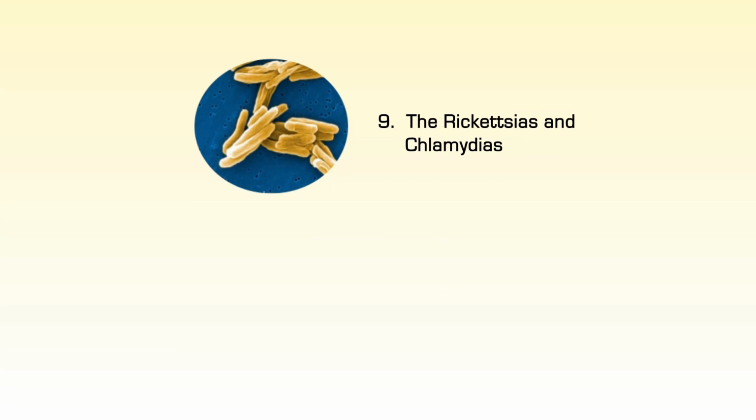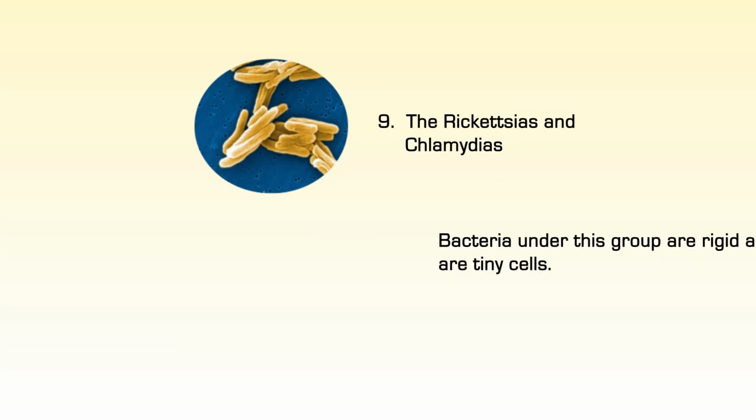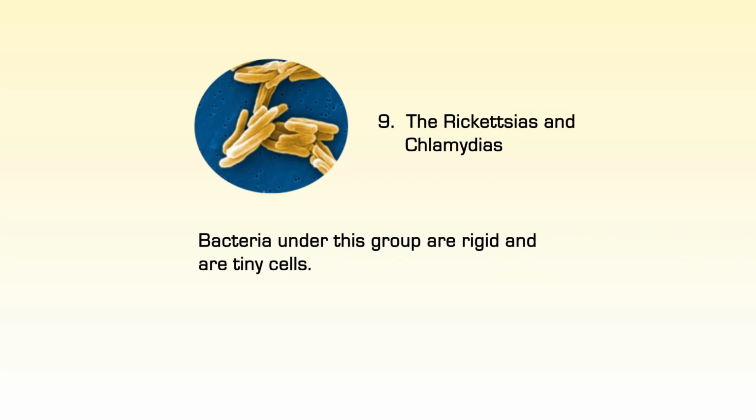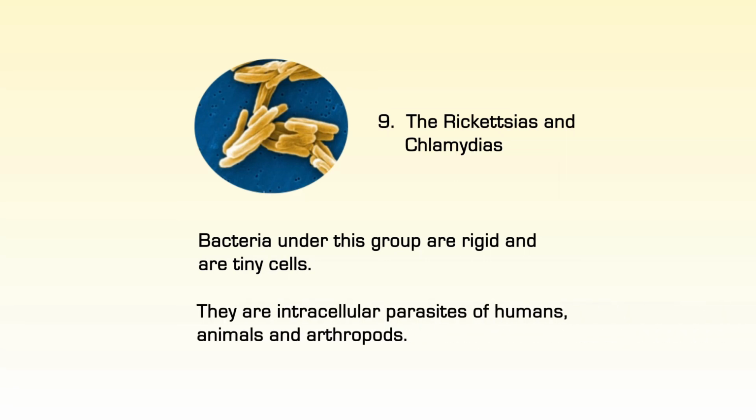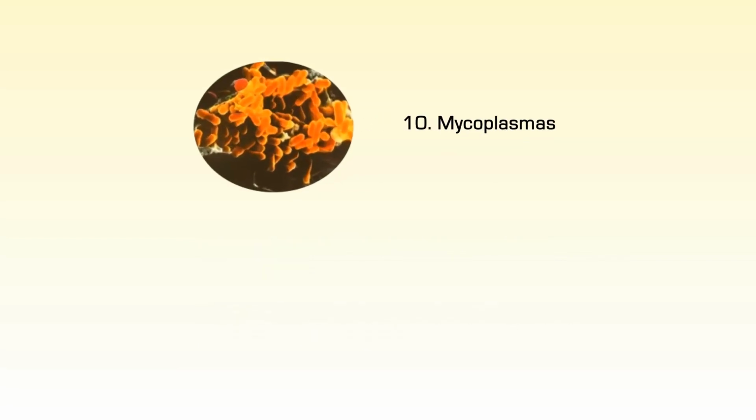Next is the rickettsias and the chlamydias. Bacteria under this group are rigid and are tiny cells. They are intracellular parasites of humans, animals and arthropods. The tenth one is the mycoplasmas.